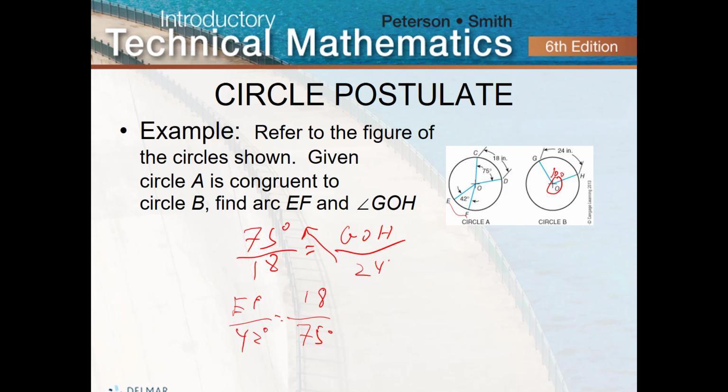So this is going to give us the length of that part of the arc. So we're going to go ahead and do 42, because remember, going up, times 18, and then divide that by 75. And it gives me 10.1 inches.